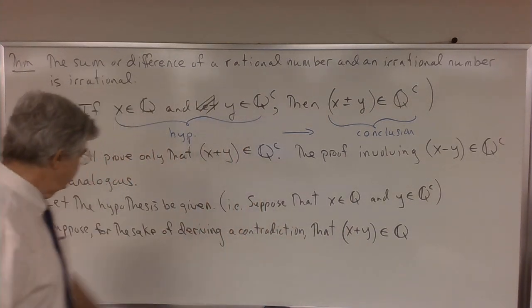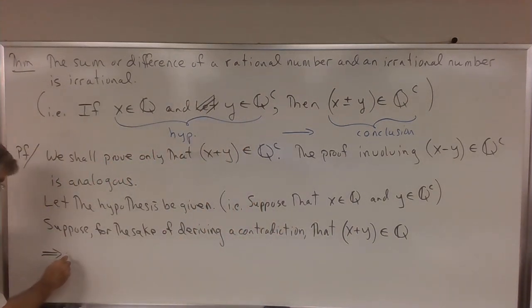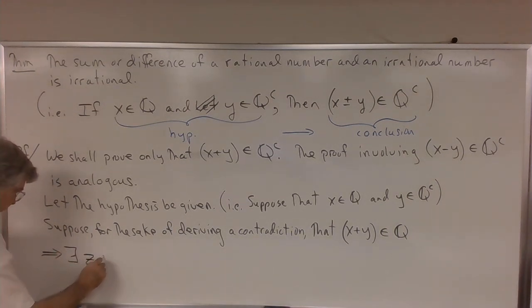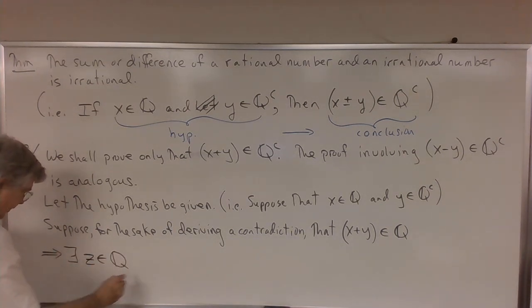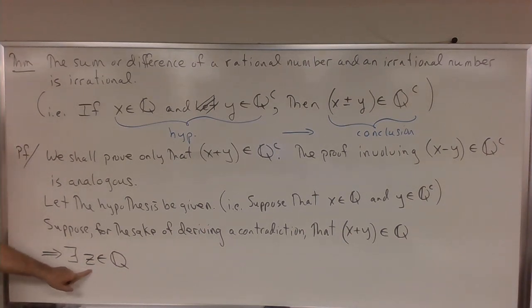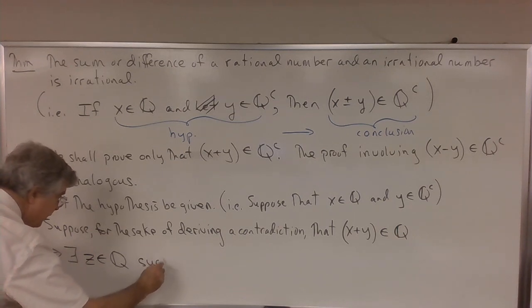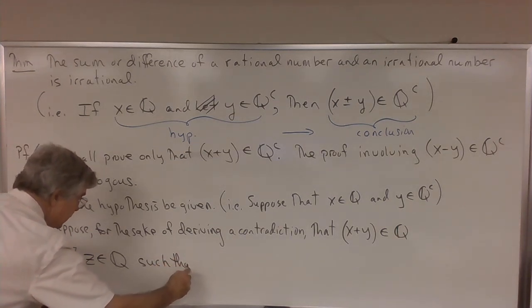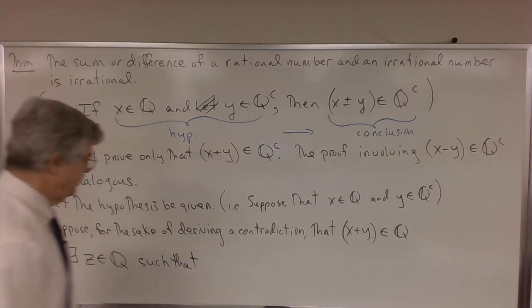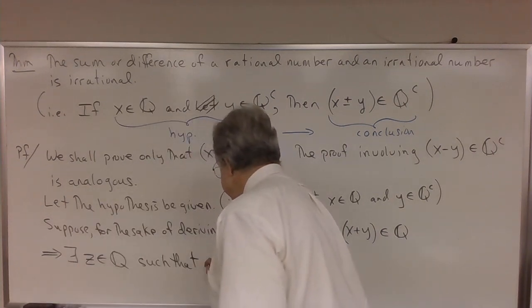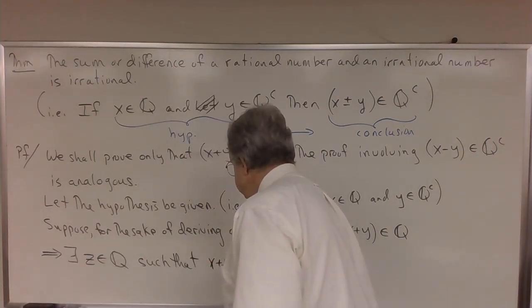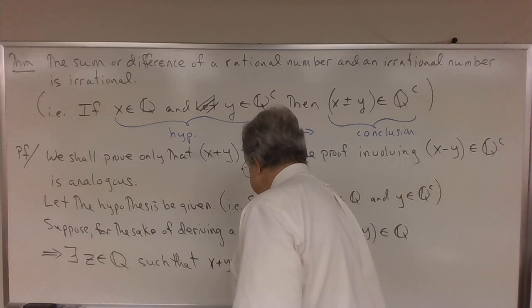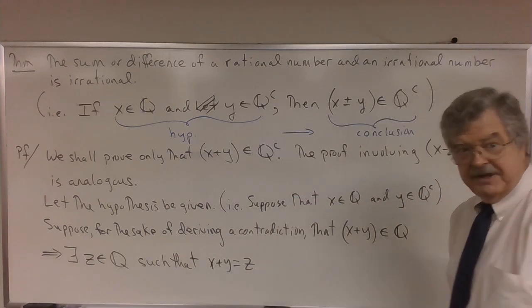That's what I'm going to show, or assume rather. So this implies that there exists a rational number z such that x plus y equals z.